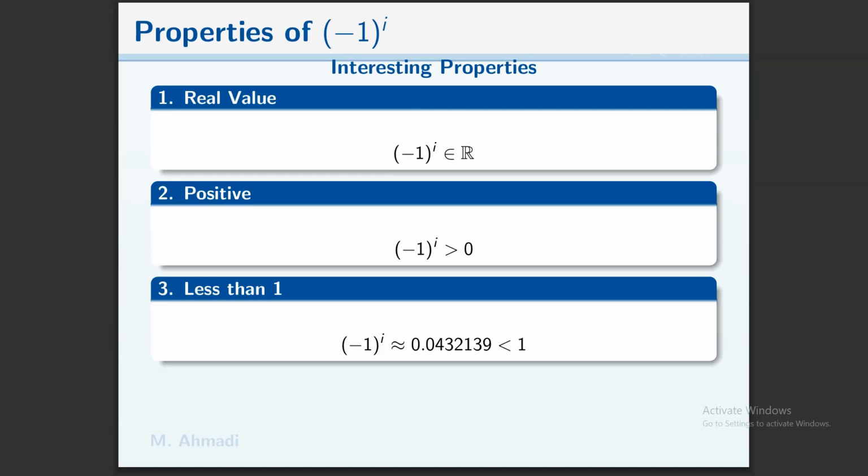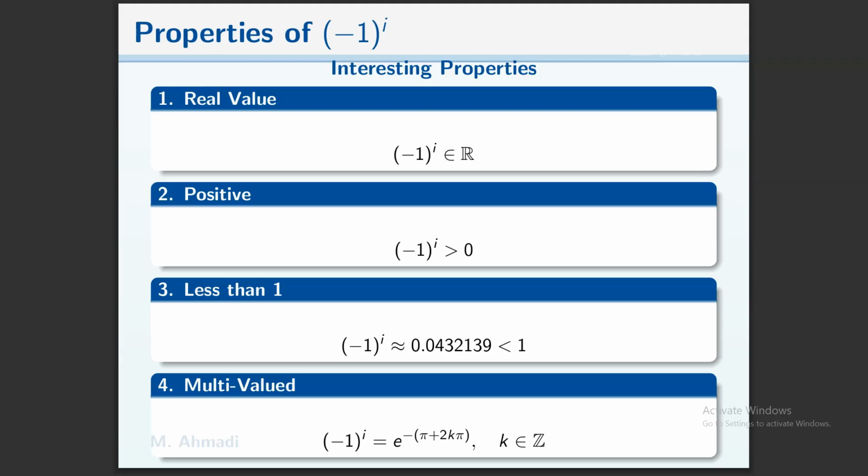It is positive, (-1)^i is larger than 0. Although it is less than 1, (-1)^i is approximately 0.043239, less than 1. Also, it is multi-valued. (-1)^i equals e^(-(π + 2kπ)), where k is an integer.